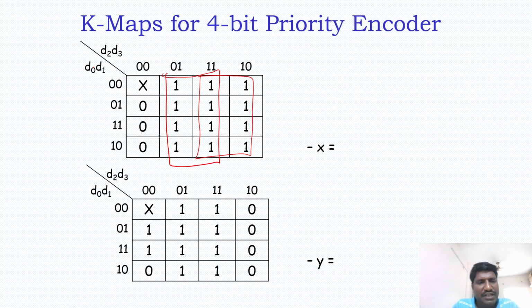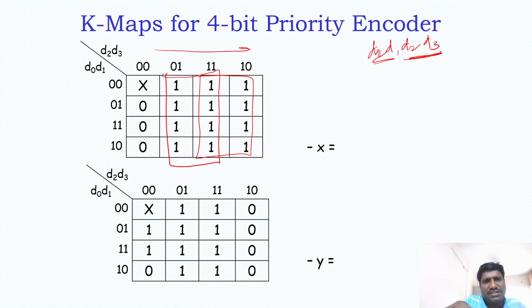So how will the numbering be here? Is this least significant or most significant? Most significant. What about D2, D3? Least significant. The order in which we have written is D0, D1, D2, D3, so these are LSBs and this is the MSB. LSBs are changing in this direction.